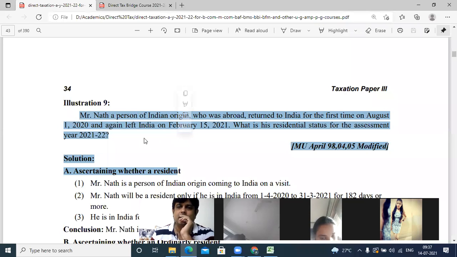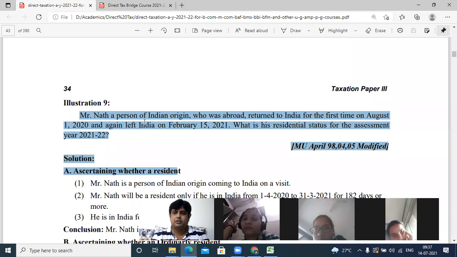This is also a question. All these questions have come in Mumbai University. What will happen in this, tell me? Now whether it will be covered under section 6(1) or 6(1)(a)? Tell me. Six one or 6(1)(a)?